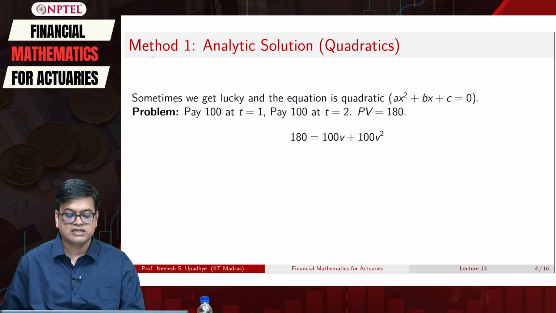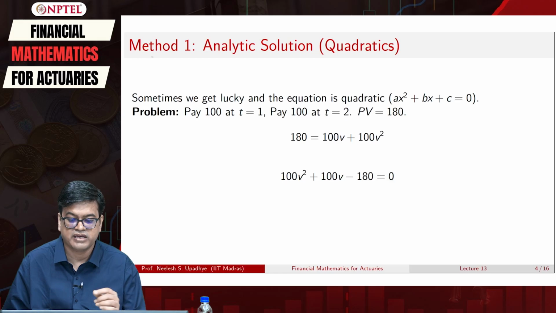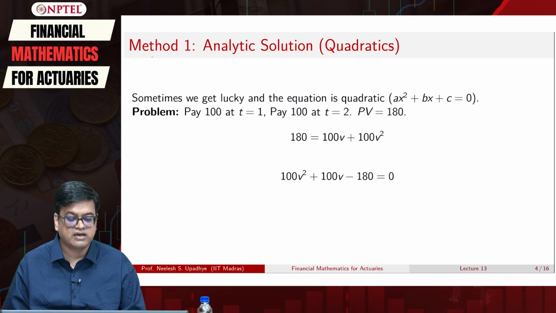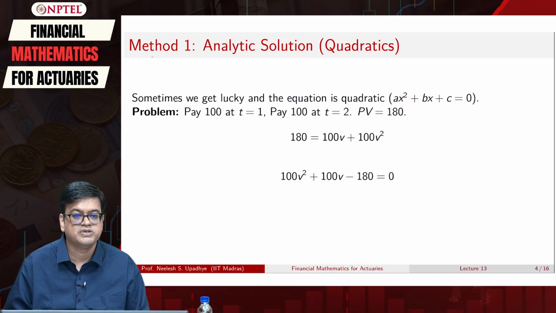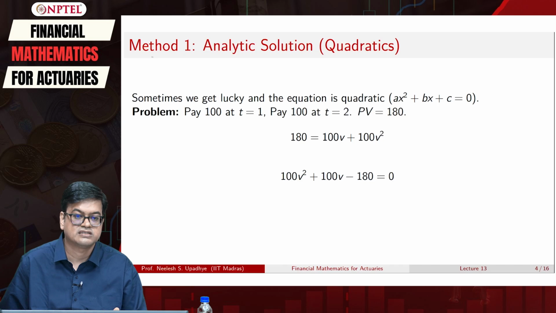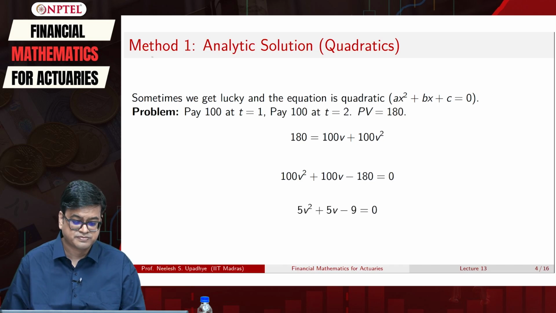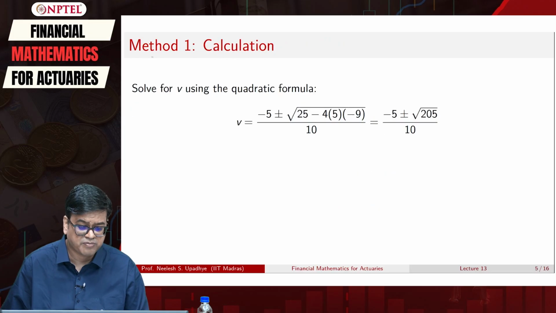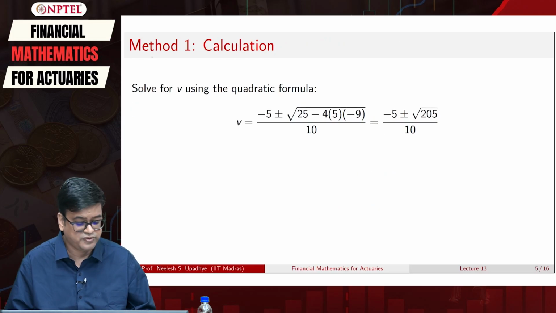The answer is yes, I can. I will rewrite this in the standard form ax squared plus bx plus c equal to 0, and now I have that formula, the discriminant rule, b squared minus 4ac greater than 0 or less than 0. I hope all of you are familiar with that formula, and if I apply it, I simply get the value of v.